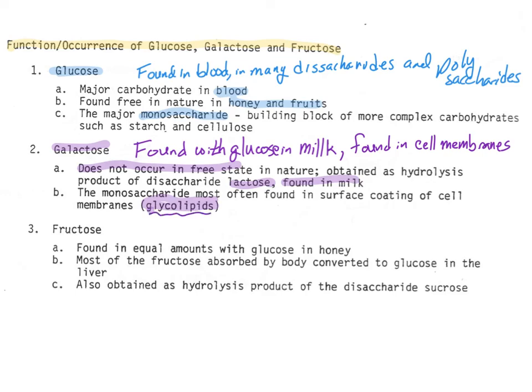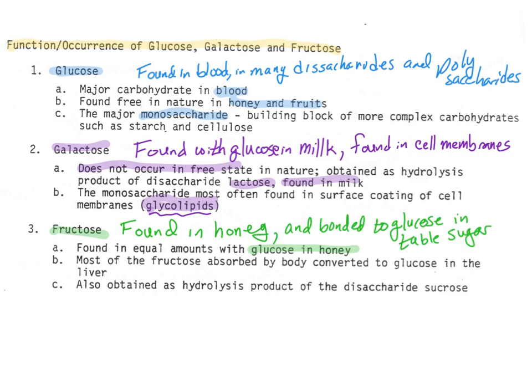And our last one of the 3 major hexoses is fructose. Fructose is found in equal amounts with glucose in honey. It is very common in honey and in fruits. It is also commonly found in the disaccharide known as sucrose, which is table sugar. Our body can readily convert fructose into glucose, which is done in the liver.